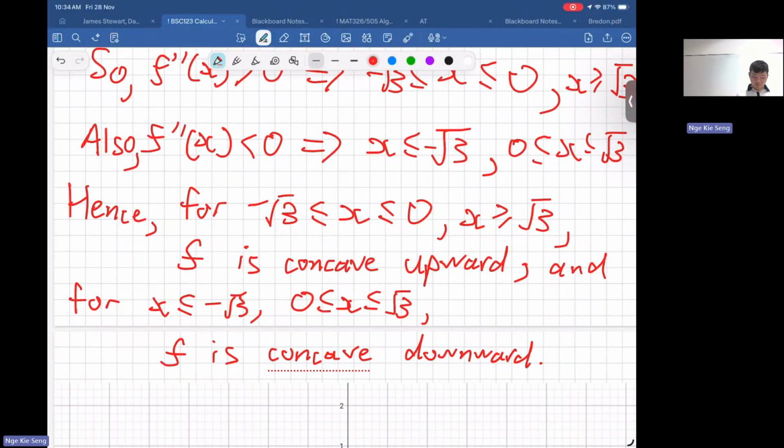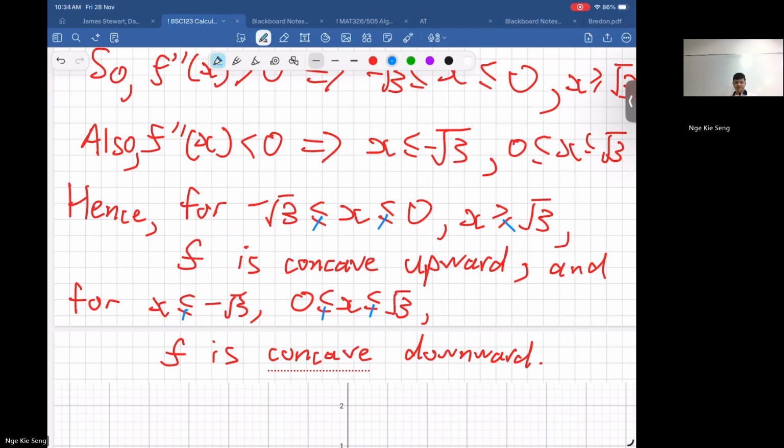So this is the mistake we made in the quiz, right? We don't want the endpoint to be included. This is not equal. We shouldn't put this equal sign here, right? We already reminded you in the quiz too.